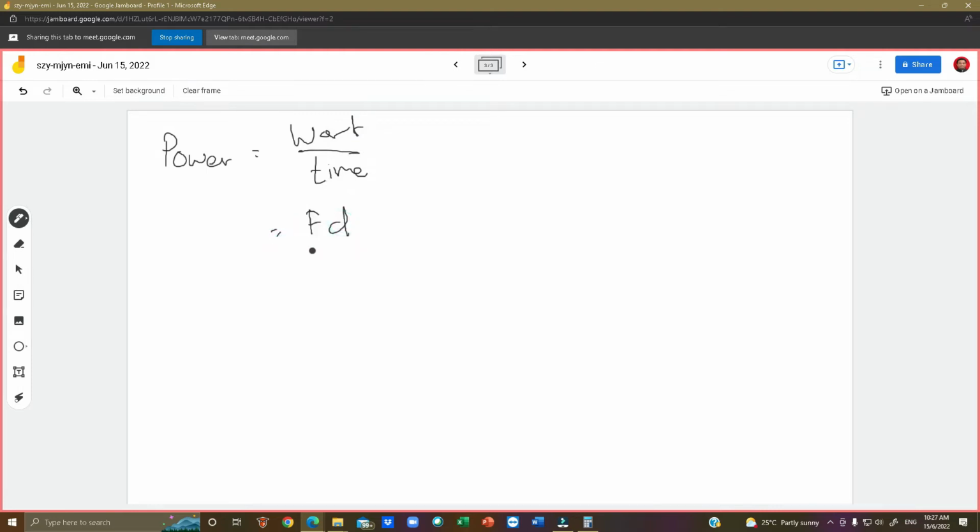Force times distance over time. Ni dia work. Okay, this is power. So kalau tadi we have joules, now it is joules per second. Okay, ataupun Newton meter per second. Pasal ni Newton meter. Okay, this one is Newton meter or joules, time is in seconds.